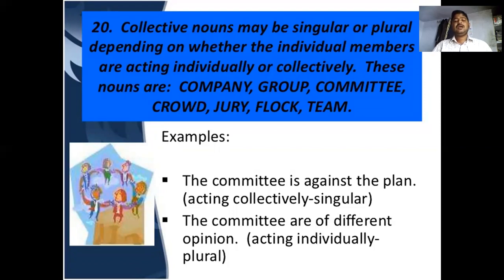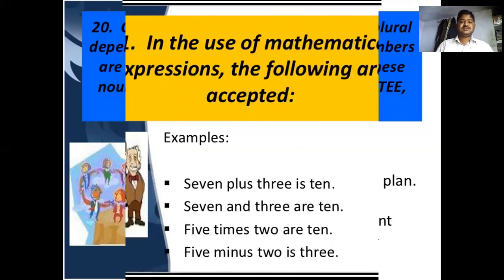This is the activity of the group collectively, so it is singular. The committee are of different opinions, so each one is acting individually, so it represents the plural sense.